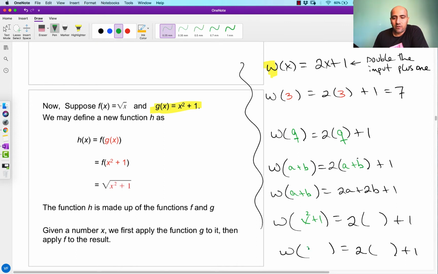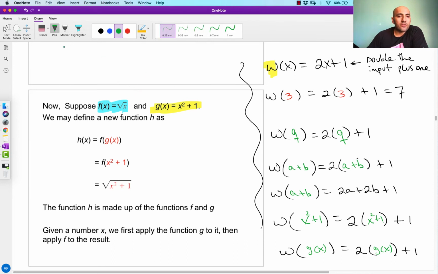I could say, well, it's also defined as g of x. So the little g of x goes inside there. So here, that means we replace the input with this amount. So this would be twice x squared plus 1. Or in here, we would define that as twice g of x plus 1. Okay, so hopefully that made sense. So going back to this case, they've defined the function f as the square root of x. They've defined the function g as x squared plus 1.